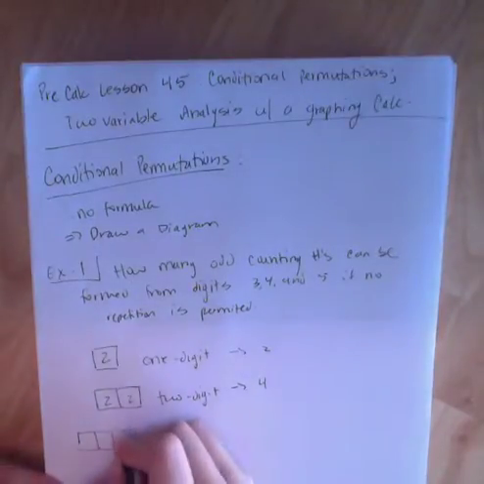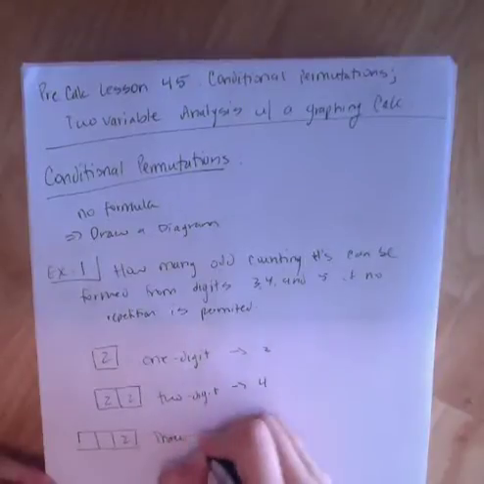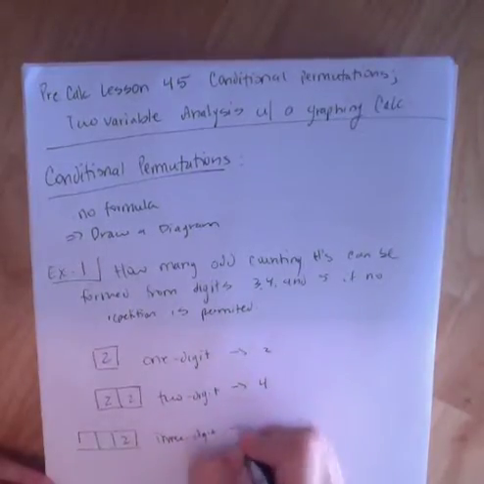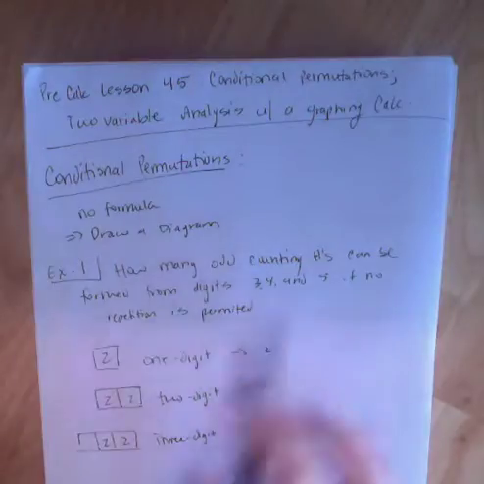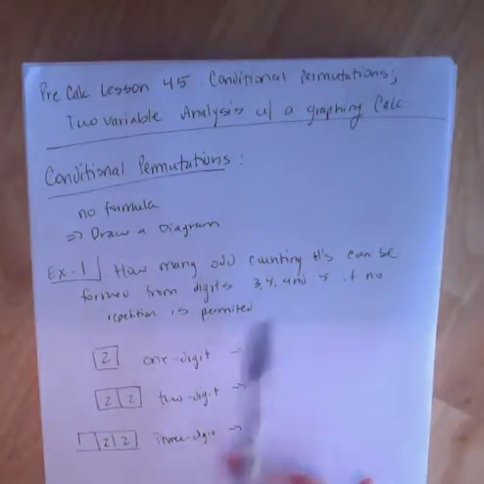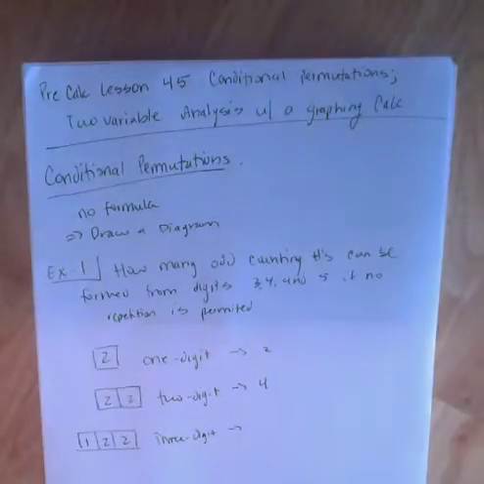Okay, again, this is 3-digit. We know that this is going to be 2 because it either has to be 3 or 5. And if that's true, again, this is 2. If we use 3, then we can choose 4 or 5. If we use 5, we can choose 3 or 4. And then this option is only 1 because no repetition is permitted.